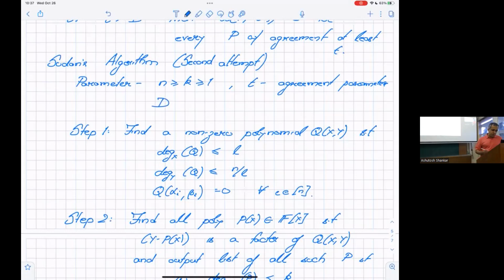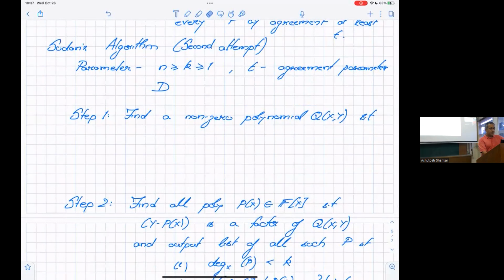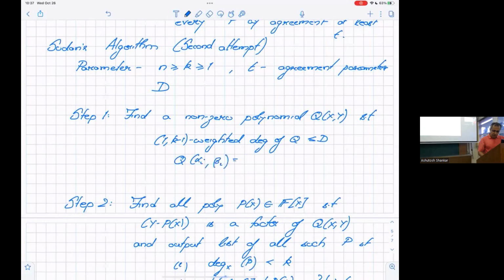So find a non-zero polynomial Q such that the (1, k minus 1) weighted degree of Q is less than or equal to d, and Q of alpha i, beta i equals 0 for all i in n.